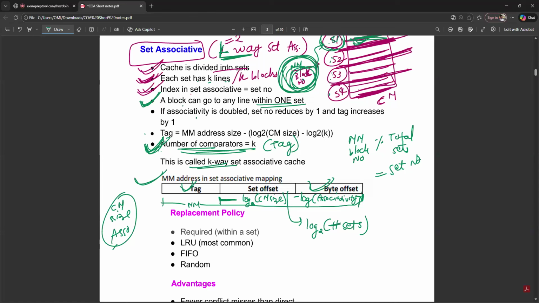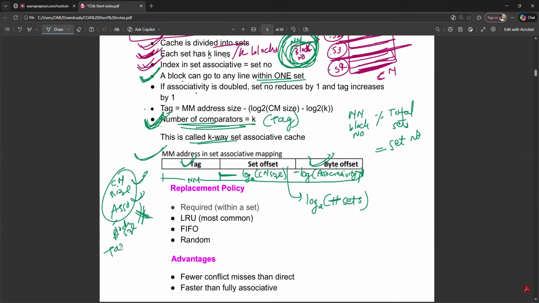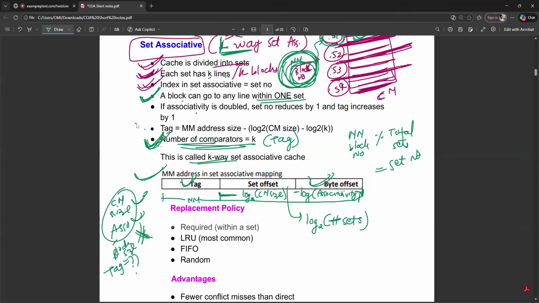If in a question the block size is not given and you want to find the tag, you can easily find it with the help of this: total main memory address bits, minus log of cache memory size, minus log of associativity.